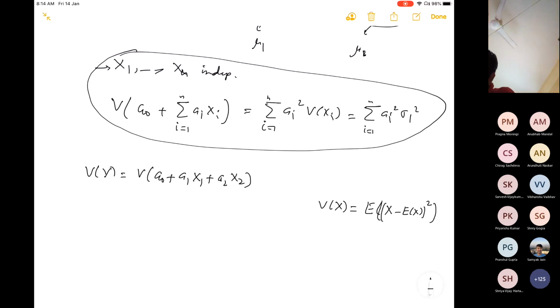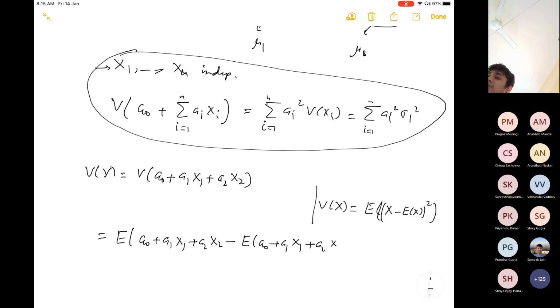Okay, so that means this value is nothing but the expectation of a naught plus a1 x1 plus a2 x2 minus the expectation of a naught plus a1 x1 plus a2 x2, square of this.